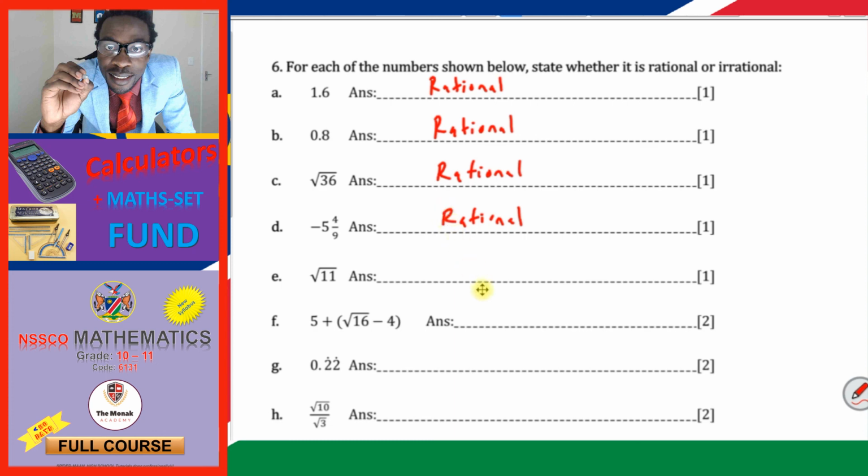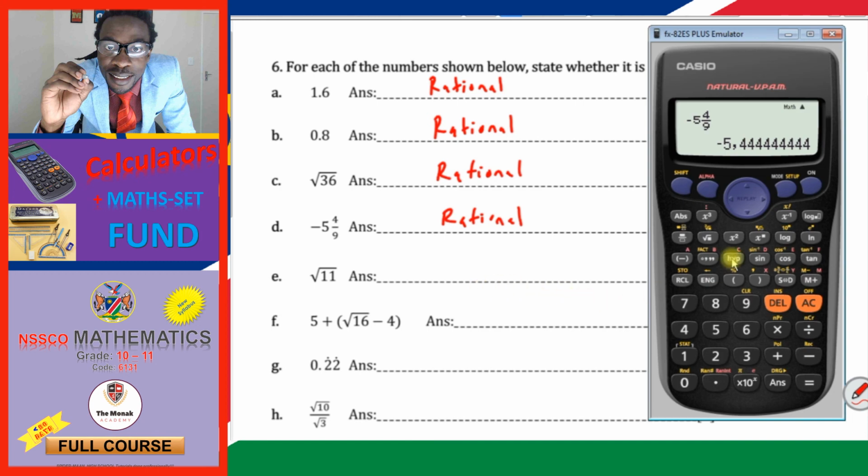How about square root of 11? Alright, look at that. 3.3162479. There is no pattern here.